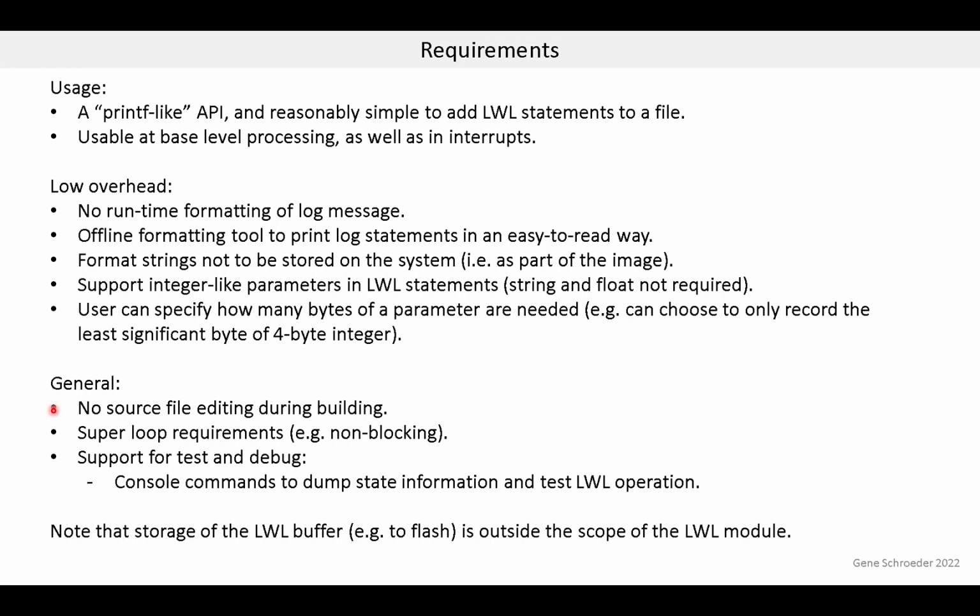So now for some general requirements. The first one is no source file editing during building. And this is a big design choice. The idea is you could have a tool that creates temporary modified versions of the source files where the logging statements have been converted into code, and then these modified files are the ones that are actually compiled.